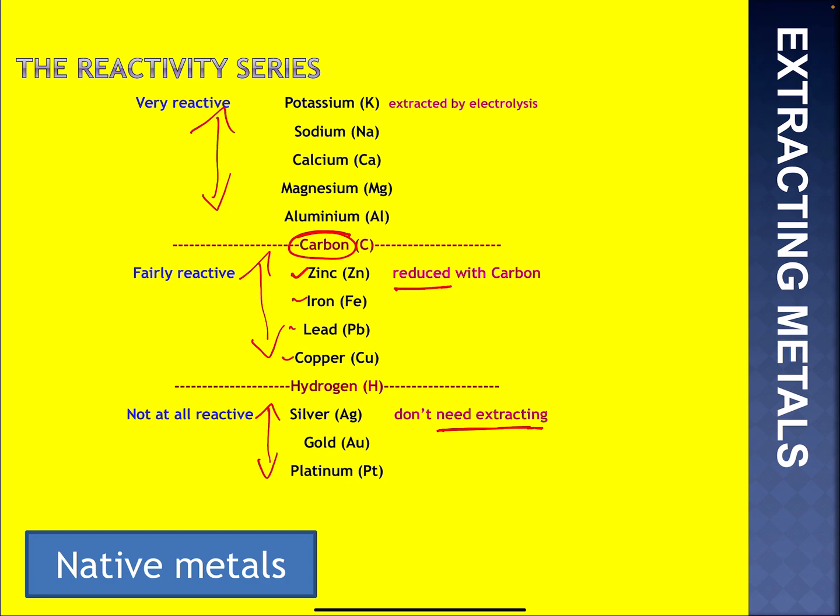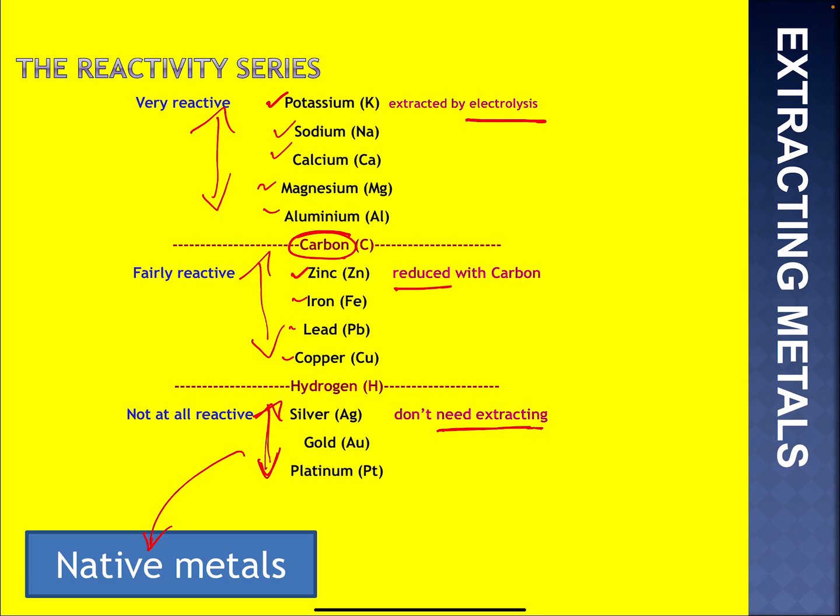Carbon can displace these metals from their ores. Now these more reactive metals cannot be extracted using carbon, but instead they're extracted using a technique called electrolysis. And like I said, these at the bottom are found as native metals, uncombined. You may want to copy this down. I'll pause the video here, and when you're ready, we can move on.